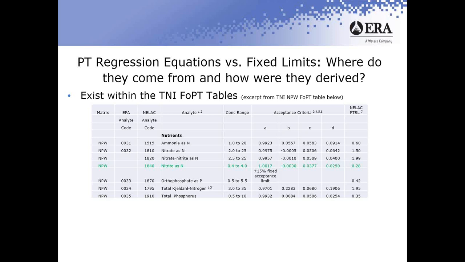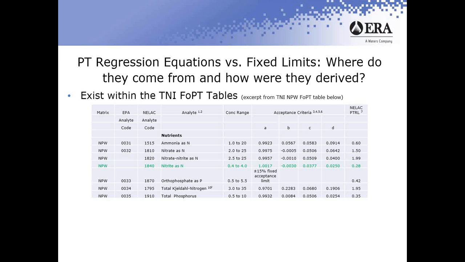I've taken an excerpt out of the wastewater, or non-potable water, FOPT table just to show anybody here in case you haven't seen this before. I'm going to use nitrite, as you'll see it's highlighted in green, on the next slide as an example of how acceptance limits are calculated for national non-potable water accreditation.